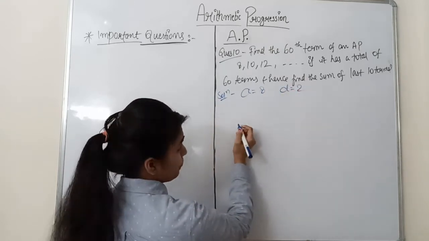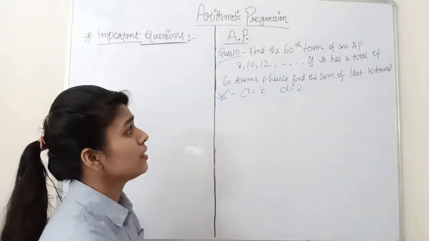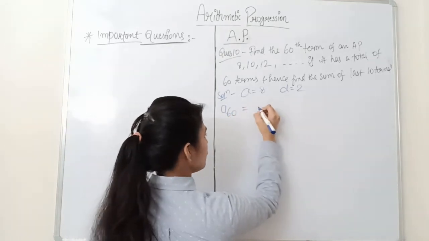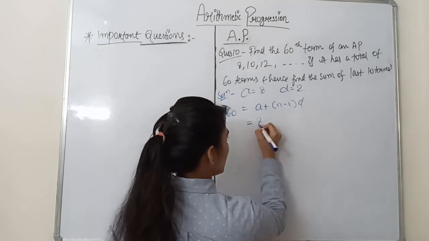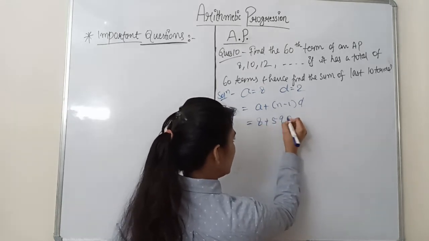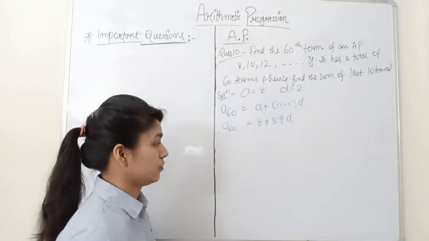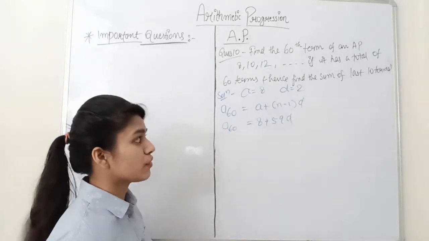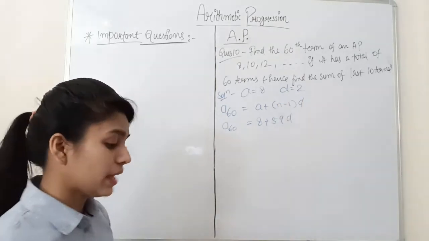A60 will be A plus (n minus 1) into D, which is 8 plus 59D, the 60th term.